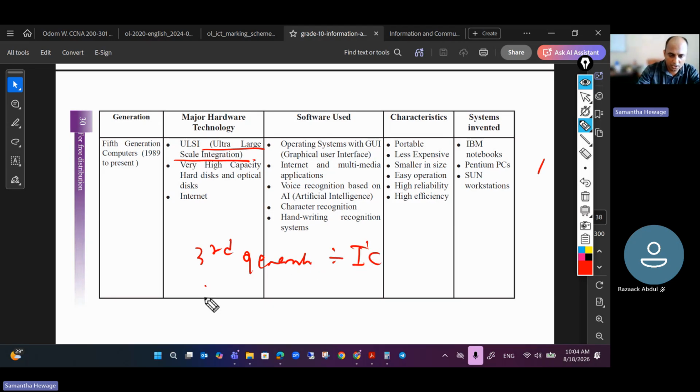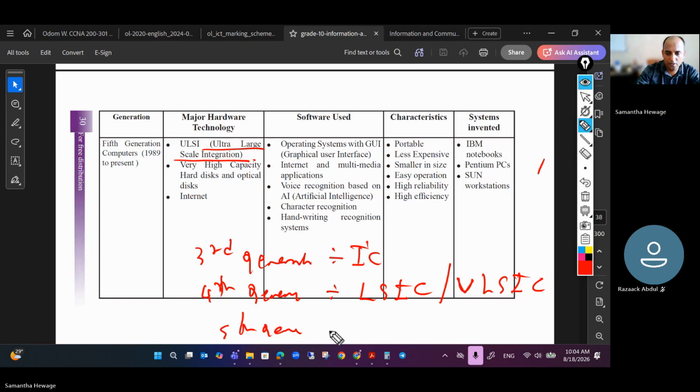Then fourth generation, right? Large scale integration circuit and very large scale integration circuit introduced to the world. Then fifth generation, right? Ultra large scale integration introduced. Ultra large scale integration. Okay.